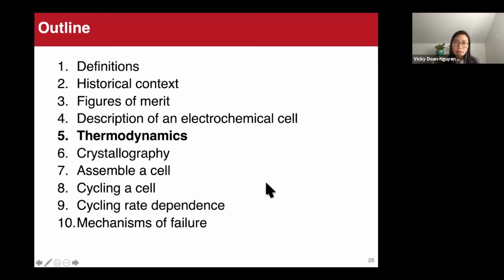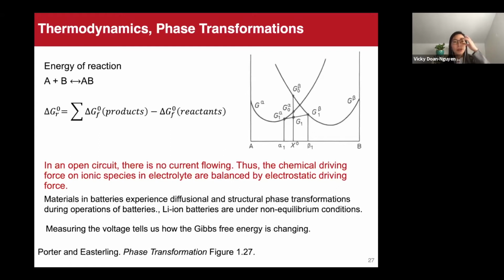So now let's talk about the thermodynamics of the cell. In terms of phase transformation and thermodynamics, let's review. So the energy of reaction, let's say A plus B going to some phase AB, what we see here for the Gibbs free energy as a function of composition plot, we can see that there could be phases, composition in which has a higher Gibbs free energy than, let's say, something that's for composition that's in the middle.